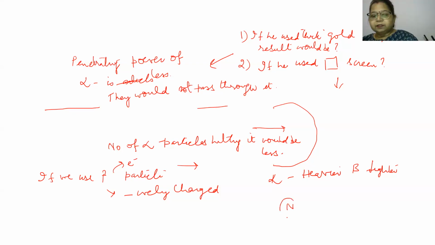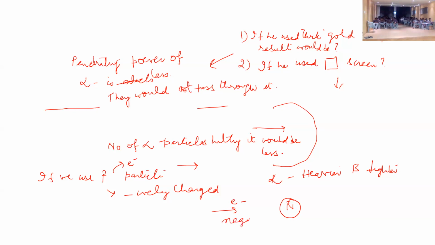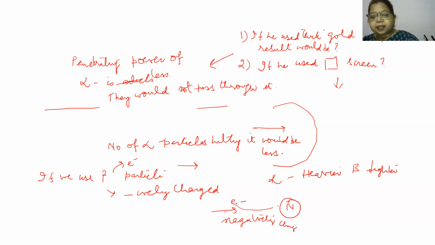The nucleus we know is positively charged, and the bombarding beta particles or electrons are negatively charged, right? The moment they reach towards the nucleus, they will be attracted towards the nucleus. Do you agree with me or not?